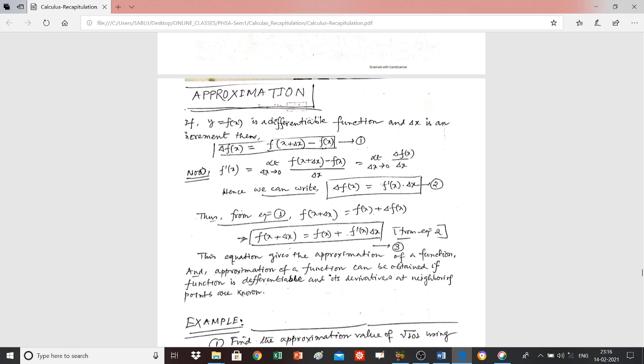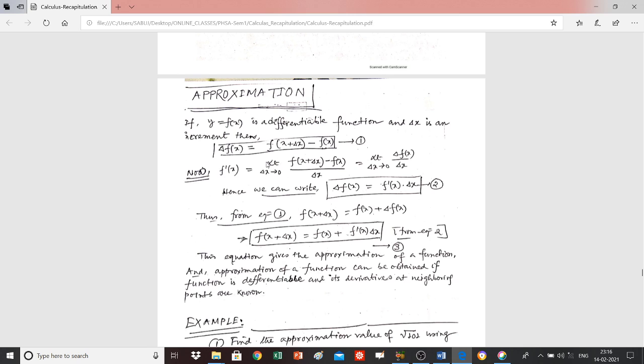So f prime x can be written as limit delta x tends to 0, f(x plus delta x) minus f(x), divided by delta x. We have already seen in this expression that f(x plus delta x) minus f(x) is equal to delta f(x). So from this relation you finally obtain limit delta x tends to 0, delta f(x) by delta x.